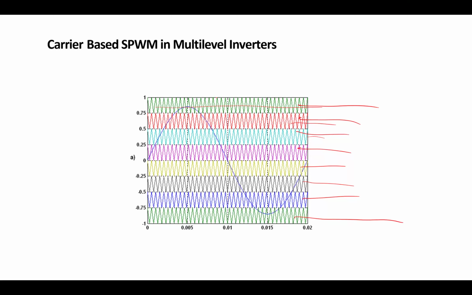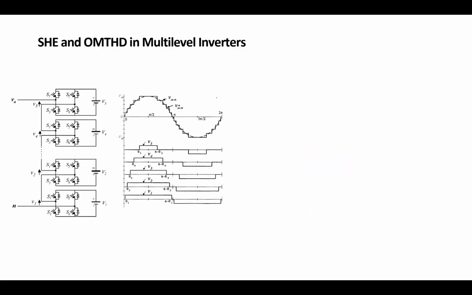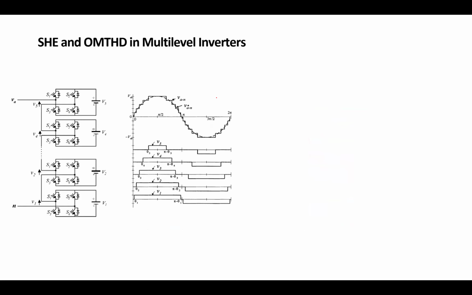Now, consider what's going to happen in a multi-level inverter. We have cascading. Each level uses that PWM to create pulse width. This is a simple pulse. Consider if it's a high frequency PWM, all of these are a series of pulses that mimic a sinusoidal.